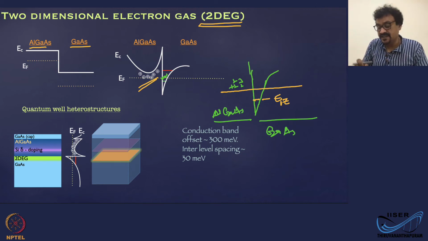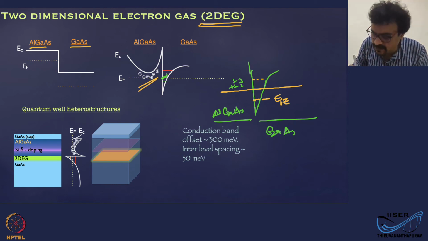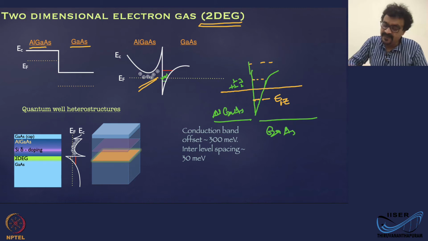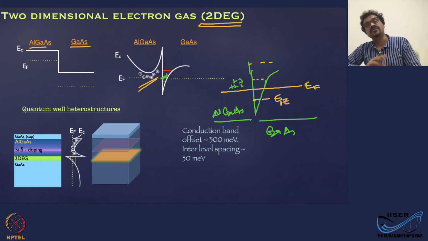Because in the Z direction the well is so thin, the next level comes much above, because we also learned that when the dimension is so small, the next level is further up. The next level is somewhere here, then somewhere here, but the Fermi level is here, so that level is not accessible, it's not populated.